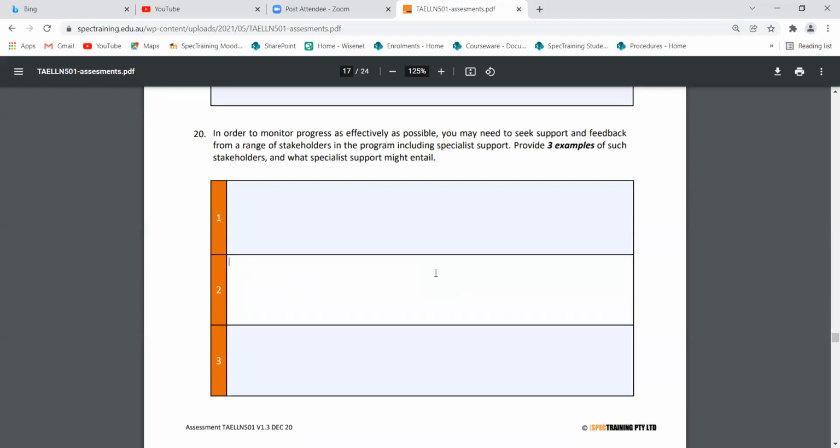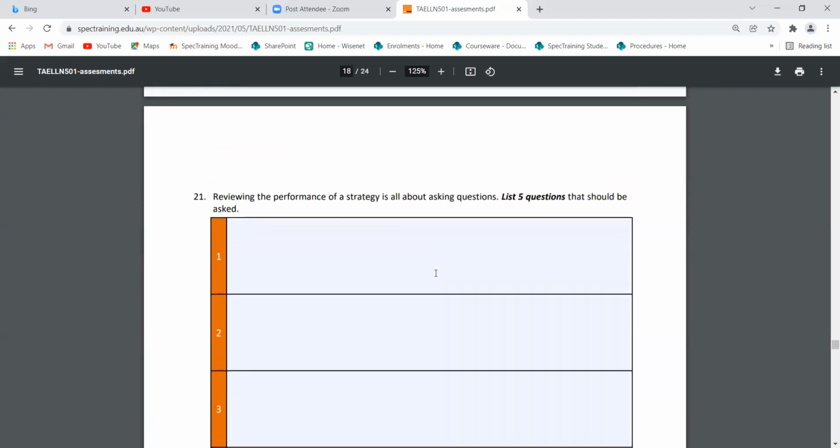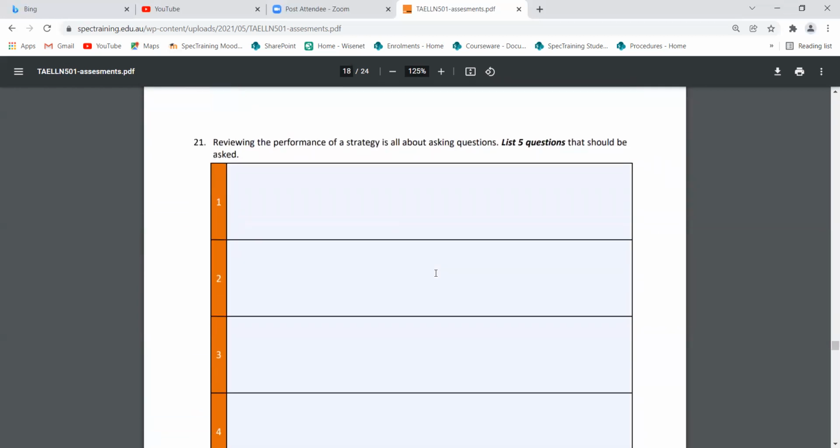Okay, so coming down, 21, reviewing the performance of a strategy is all about asking questions. There's 5 questions that should be asked to judge the quality of the strategy. I just added that in, but essentially these are 5 questions you would ask to either the learner or to yourself to judge if the program is working or not that you've set up for a learner.